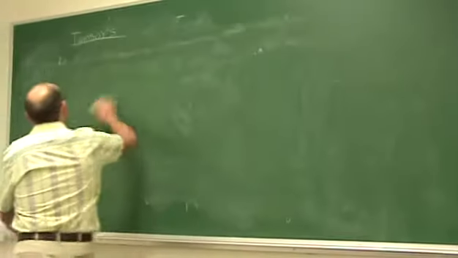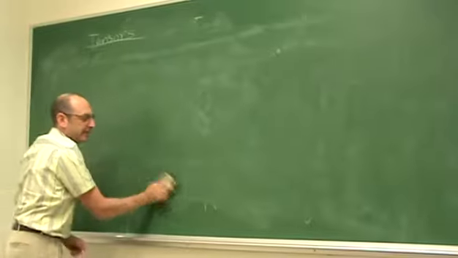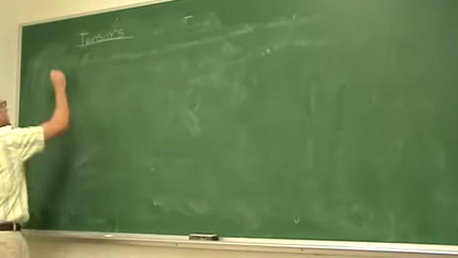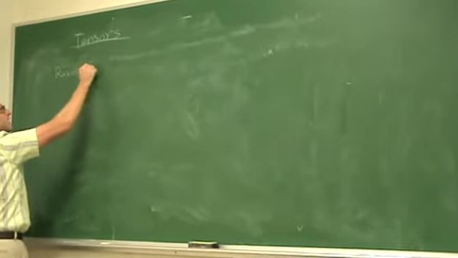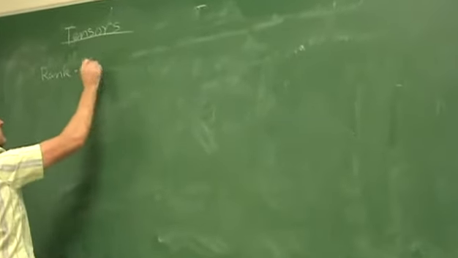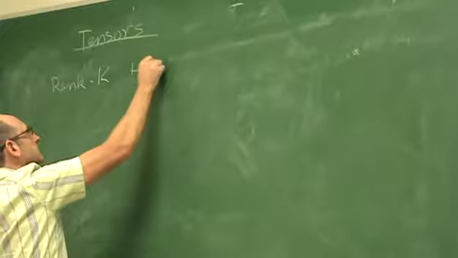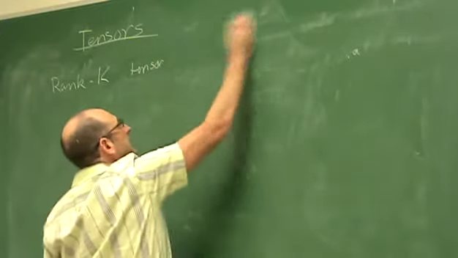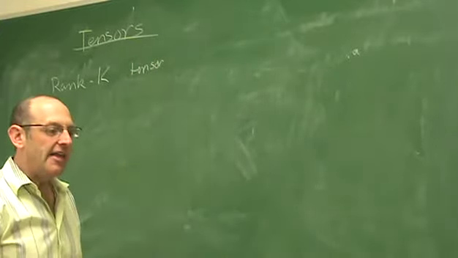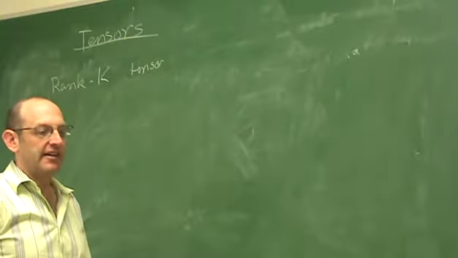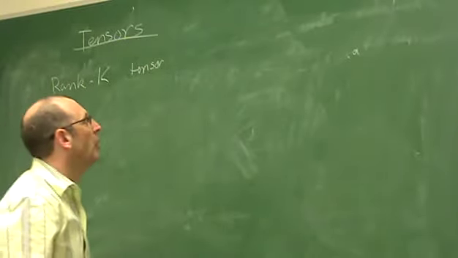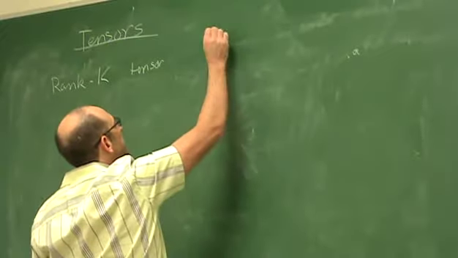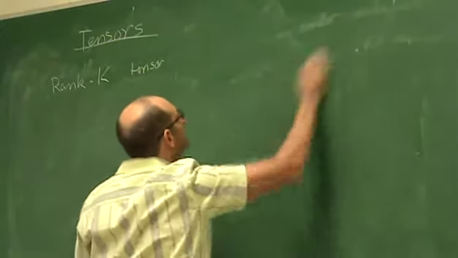All right, so what is a tensor? So a tensor, we talk about a rank K tensor as an object with K indices. So let's just think about this classically.